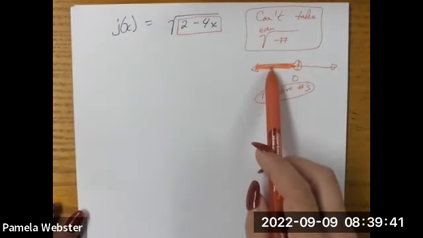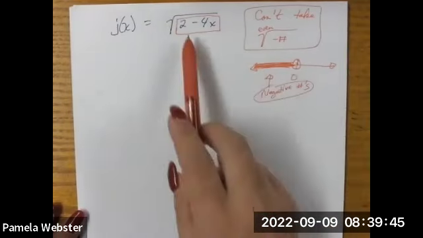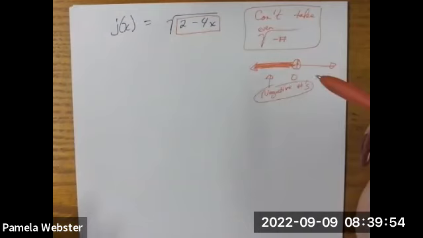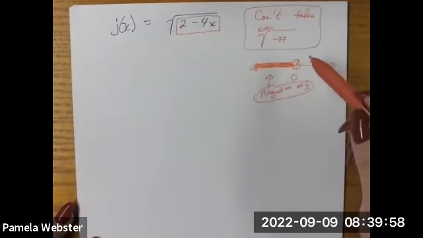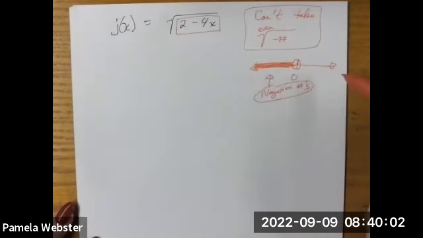So what I would say is the easiest way I think to say this is 2 minus 4x needs to be greater than or equal to 0. 0 is okay. Square root of 0 is 0, right? So that guy's all right. But what I want to make sure is that this whole entire thing is greater than or equal to 0.